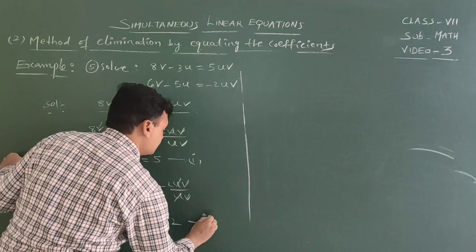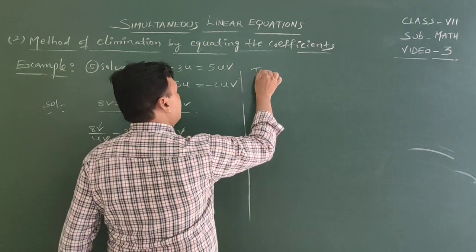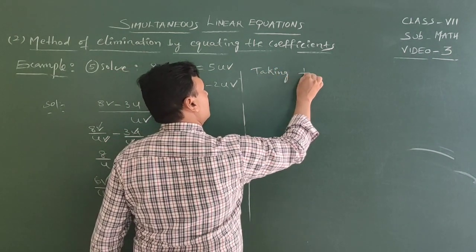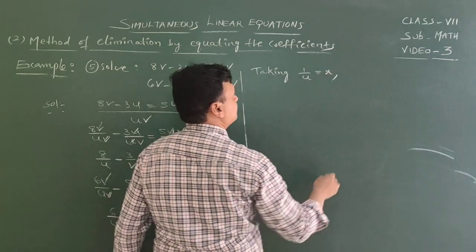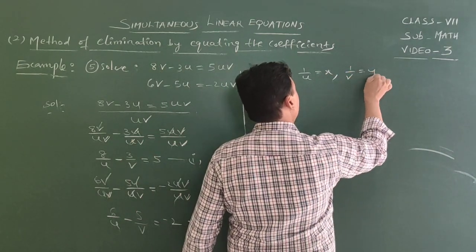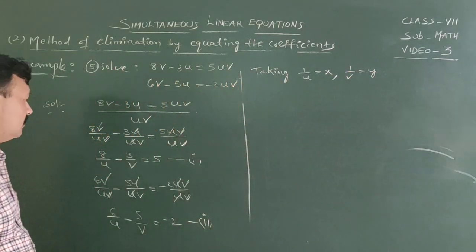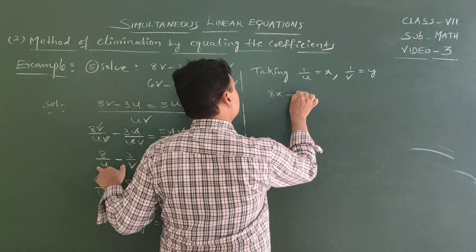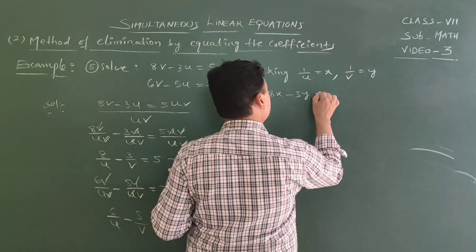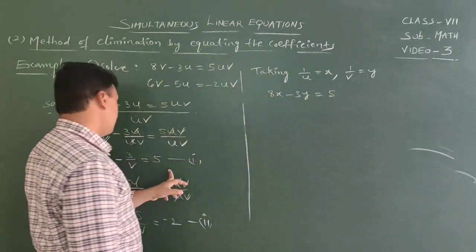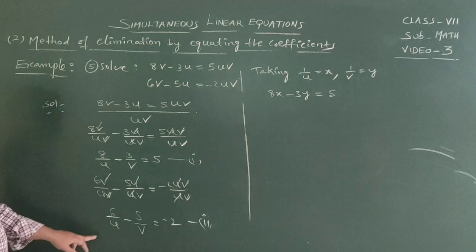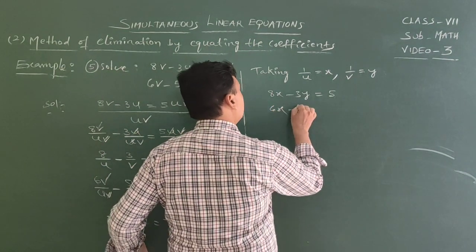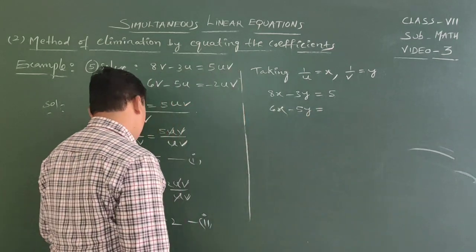That is second equation. Now by taking 1 by u equal to x and 1 by v equal to y, now the equation becomes 8x minus 3y equal to 5, and 6x minus 5y equal to minus 2.